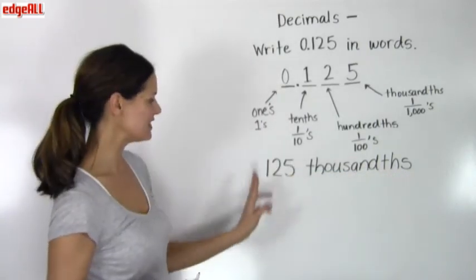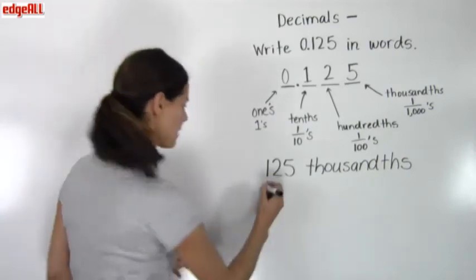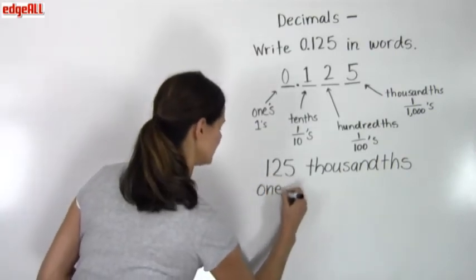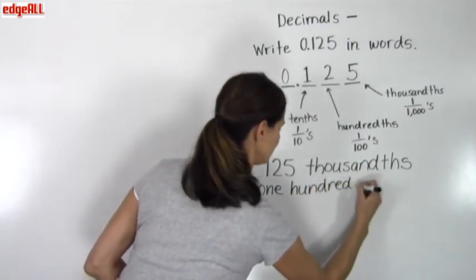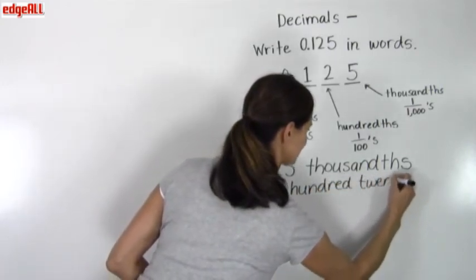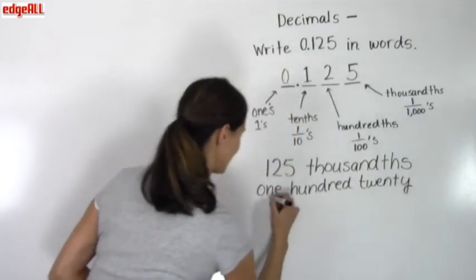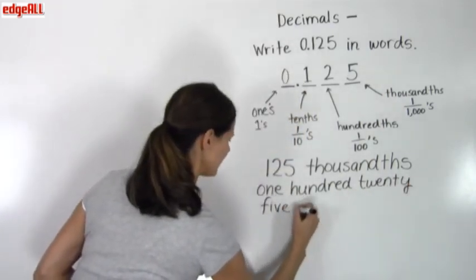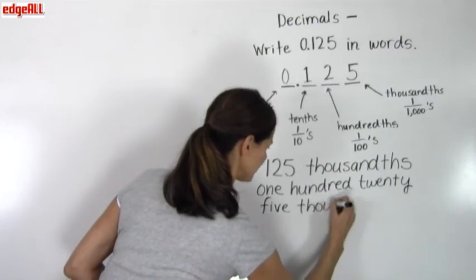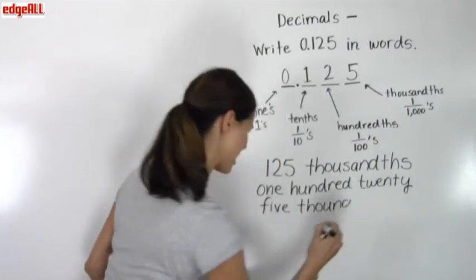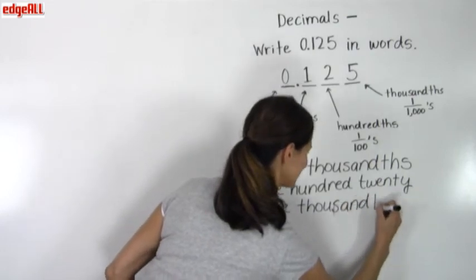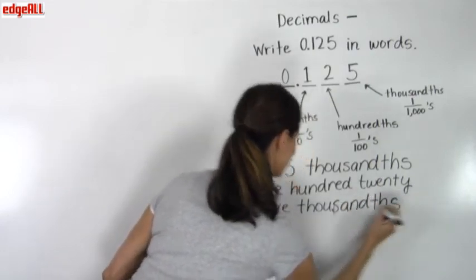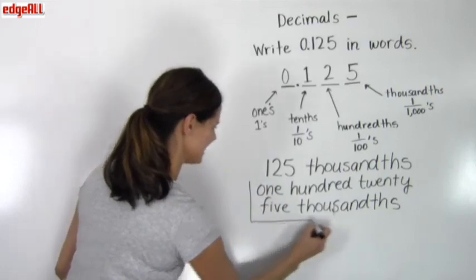If I were to write this out in words, I would write 125 thousandths, thousandths with a TH and an S on the end.